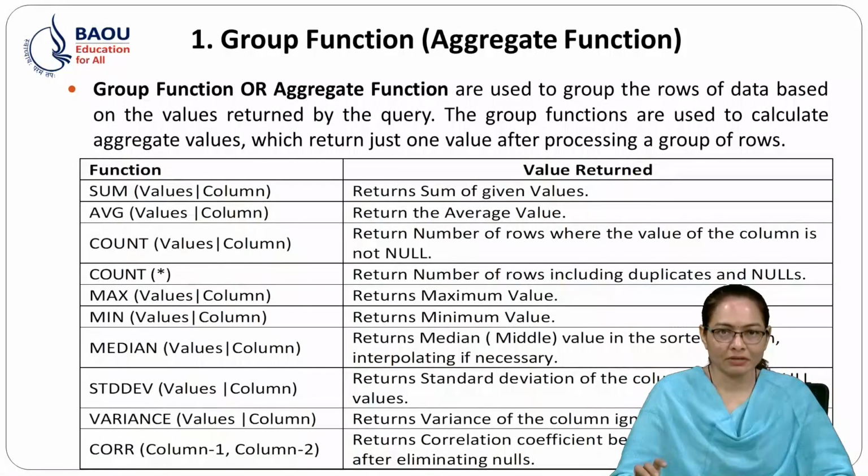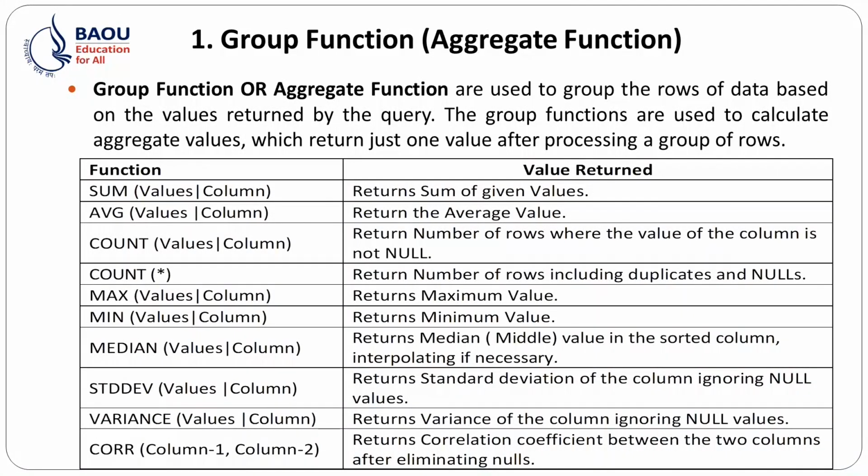This aggregate function works on a group of data. See, the table shows the aggregate functions. First is the sum function. Second is the average function. All these functions work on a group of data.